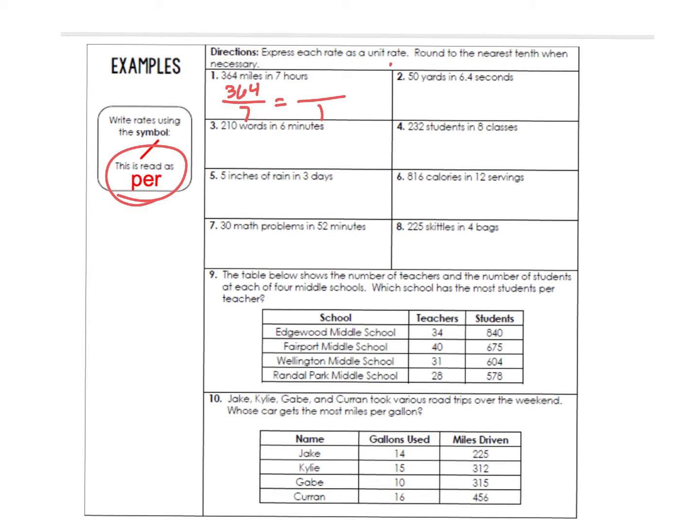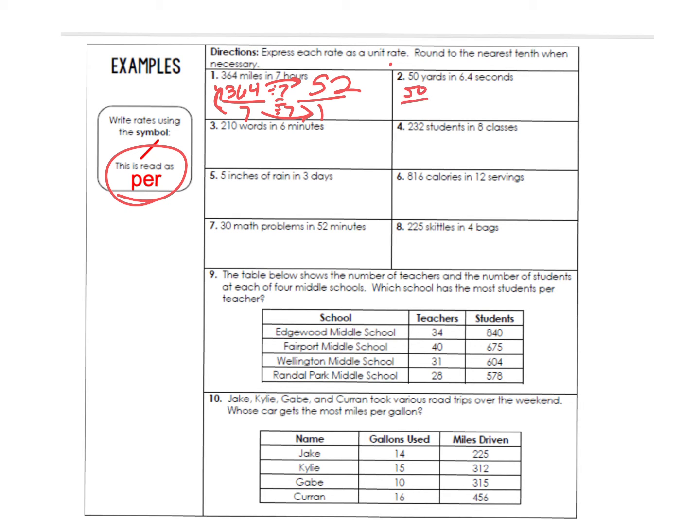So basically what I'm going to do is take that top number and divide by 7, because 7 divided by 7 gives me 1. So 364 divided by 7, if I do that, I get 52. So that's 52 miles per hour.